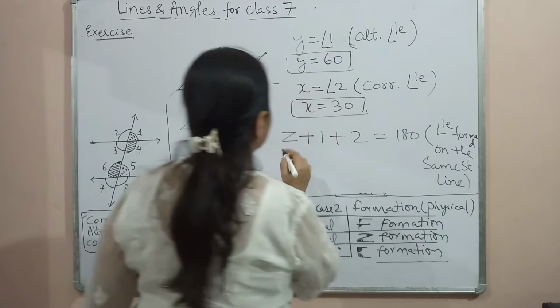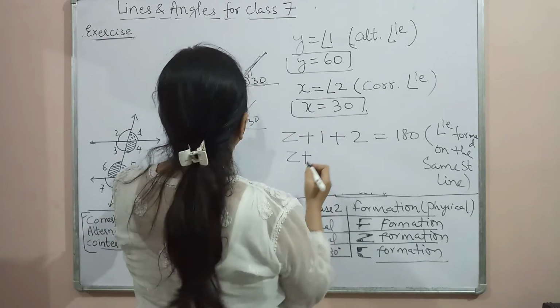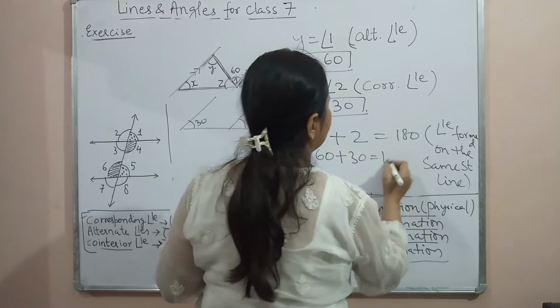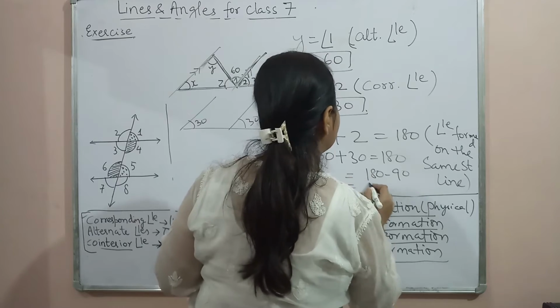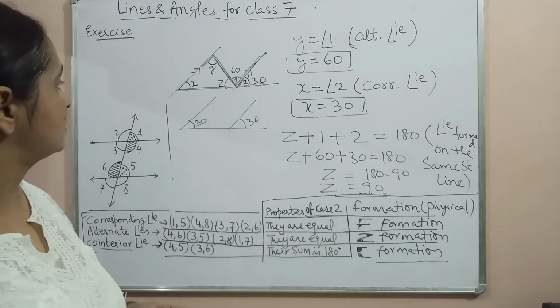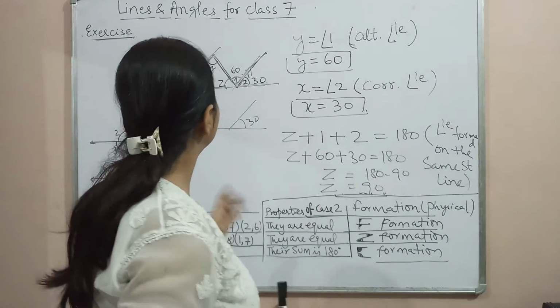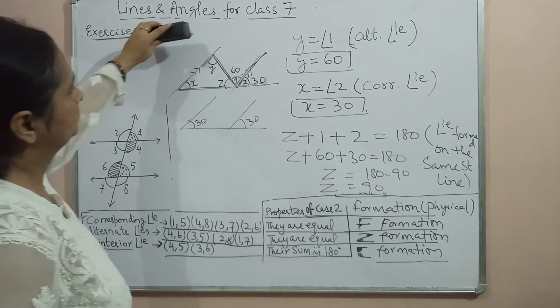Alright, and Z plus angle 1 is 60, angle 2 is 30, which is 180. That means 180 minus 90 becomes 90. That means the value of Z is 90 degrees. Now this is the next question.